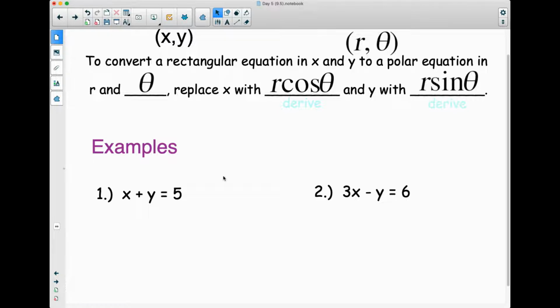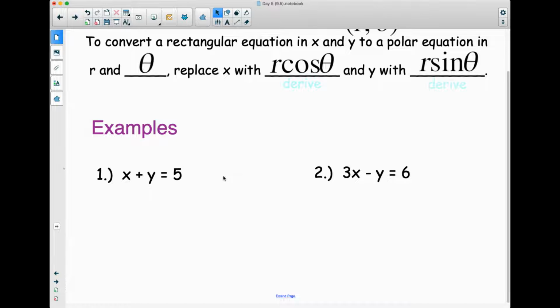Okay, so our first example, we change x to r cosine theta, and then y to r sine theta. All you have left to do now is to get r by itself.